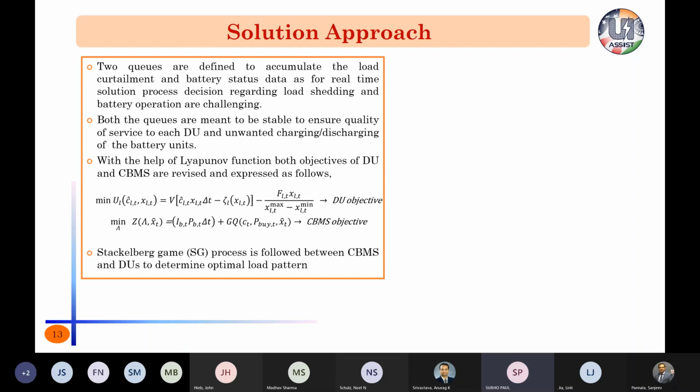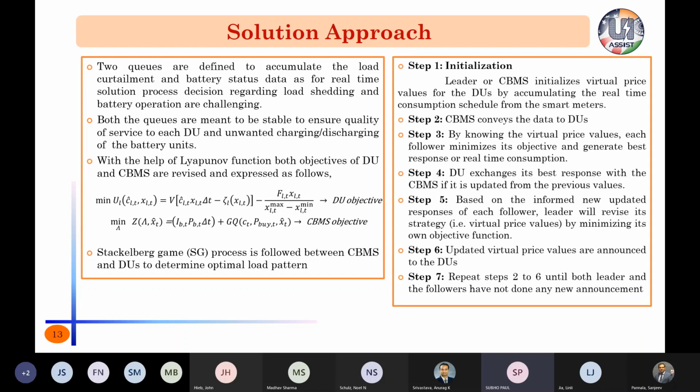And finally, the solution technique has been proposed with the help of a Stackelberg game, where initially the game starts with the central building management system, which takes the real-time unaltered load demand of each dwelling unit, then generates the virtual real-time price and conveys it to its customers, the flats. Getting those signals, each flat is responsible for altering its own demand and replying back to the CBMS.